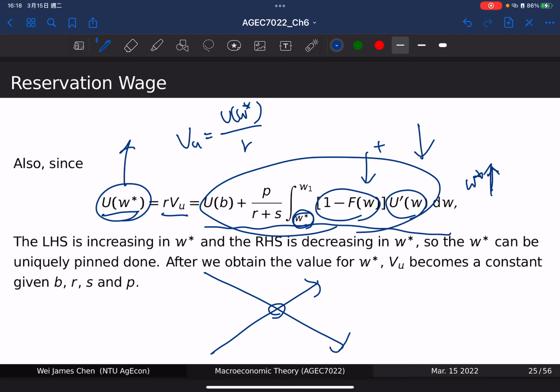After I obtain this w star, I plug it back into the utility function and get VU, and then VU becomes a constant, given b, r, s, and p.